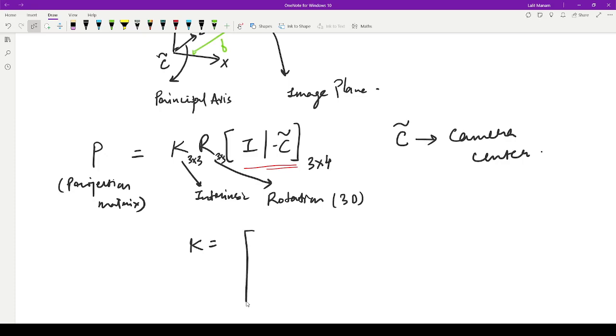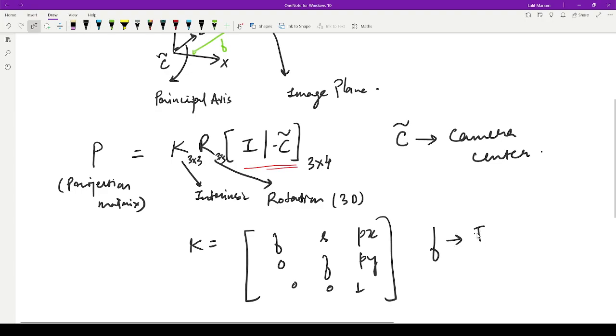In the class, it was discussed that K is given as [F, S, Px; 0, F, Py; 0, 0, 1], where F is the focal length, but this is in units of space, for instance millimeter or centimeter or other similar units.